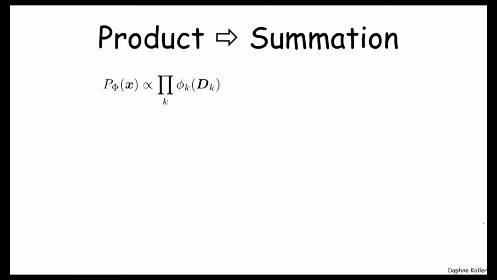And we're going to be doing that by observing that our distribution P of phi is proportional, as we know, to a product of factors.